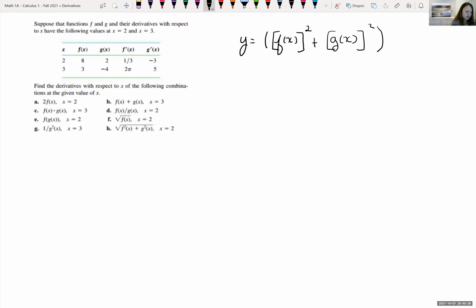And this is all raised to the 1/2 power. So let's first look at the derivative of this. I'm going to have to use my chain rule. So for dy dx, I would bring down my exponent. This is my outer function, so 1/2 of my inner function.